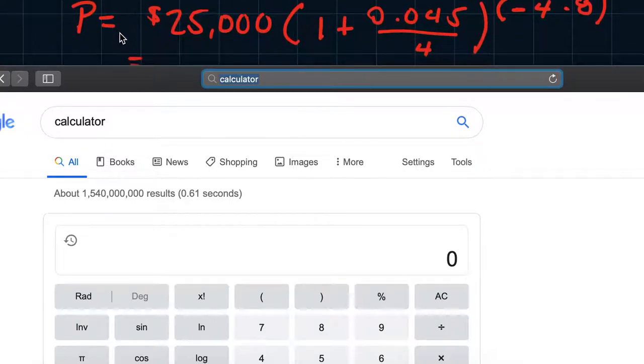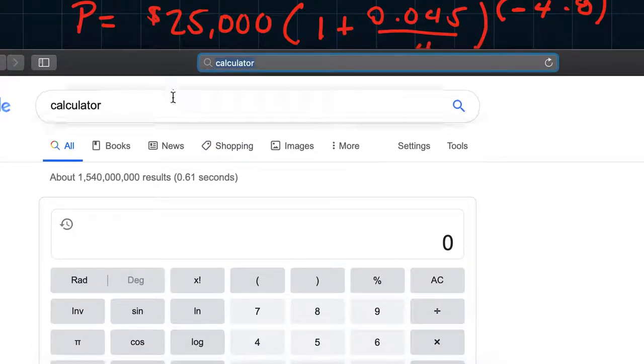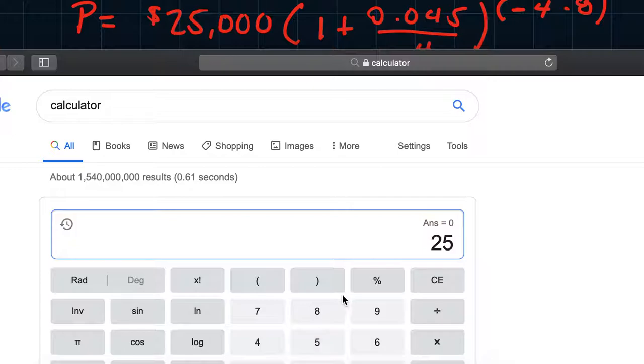Our formula, we're going to have 25,000 times 1 plus, remember I said the more parentheses the better, because it's telling your calculator how to simplify this long equation. 0.045 divided by 4. Okay.